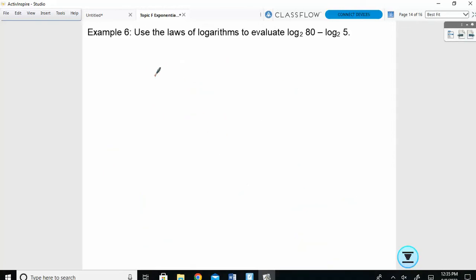So I want to evaluate this using the laws of logarithms. Notice both of these are log base 2, and those logs are subtracted. Look at your notes from yesterday where we wrote down the laws of logarithms. When do you end up with 2 logs subtracted?